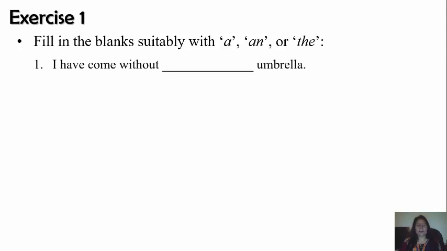I have come without, so what should come here? An, because the sound in umbrella is the sound of a. So A, E, I, O, U, these are 5 sounds. Umbrella, without an umbrella.